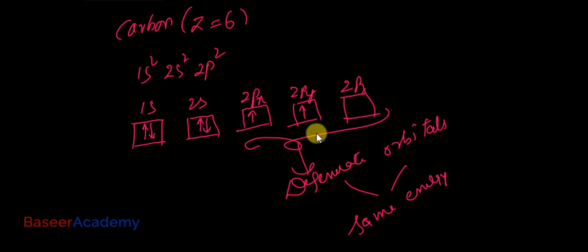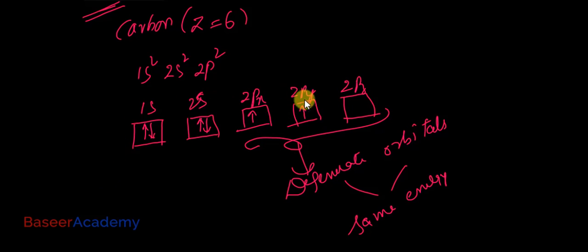So in degenerate orbitals, electron pairing will not take place until all the degenerate orbitals are occupied by one electron each. So Hund's rule states that electron pairing takes place only after all degenerate orbitals are occupied by one electron each.